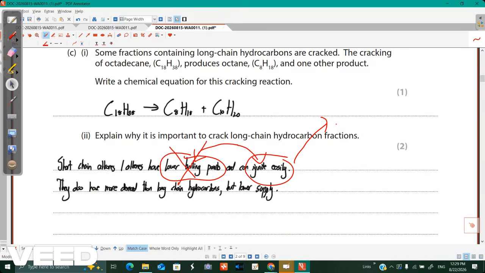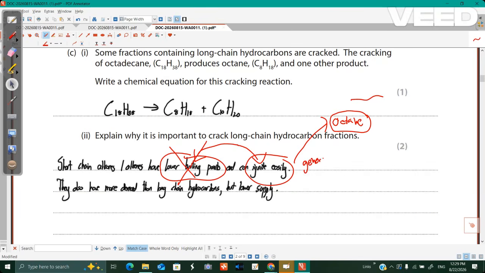You have petrol and diesel, right? Octane count, high octane count petrol. When it is shorter in length, the ignition is smoother. So this answer is not a general answer. Remember, in sciences we write the most appropriate answer. This one is fine, I can give you 1 mark.